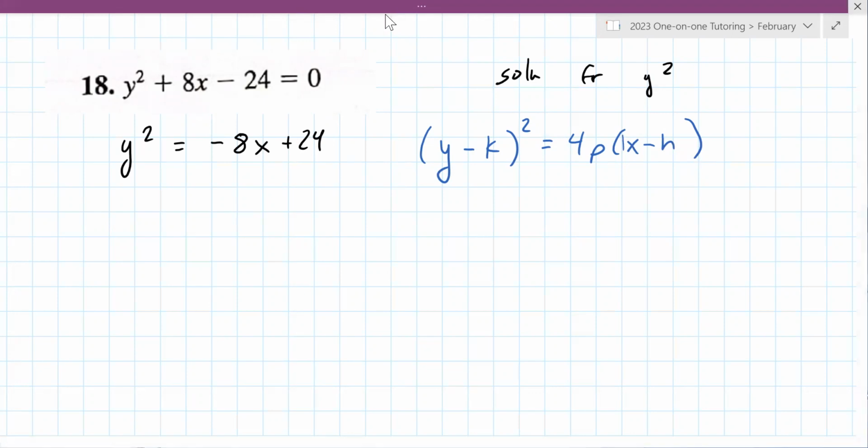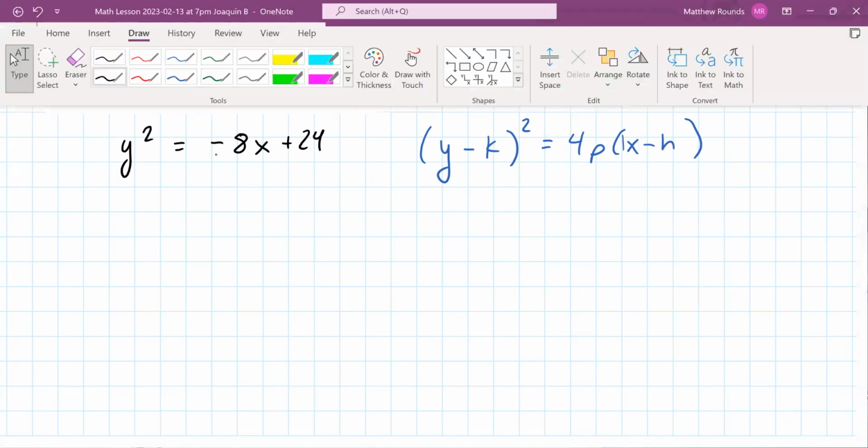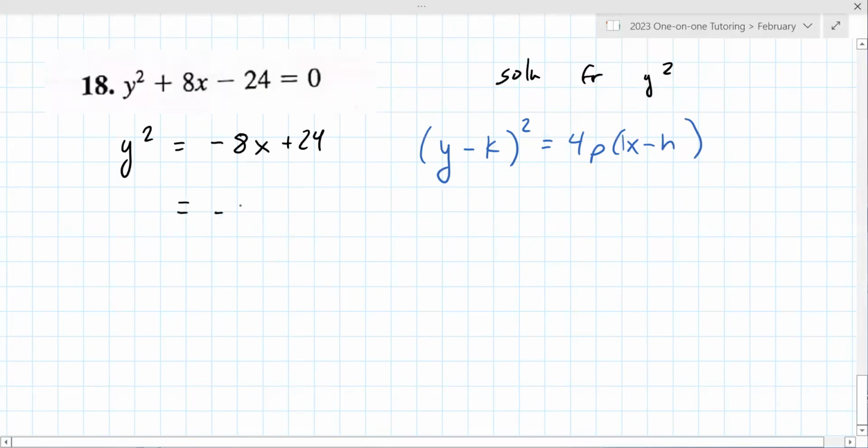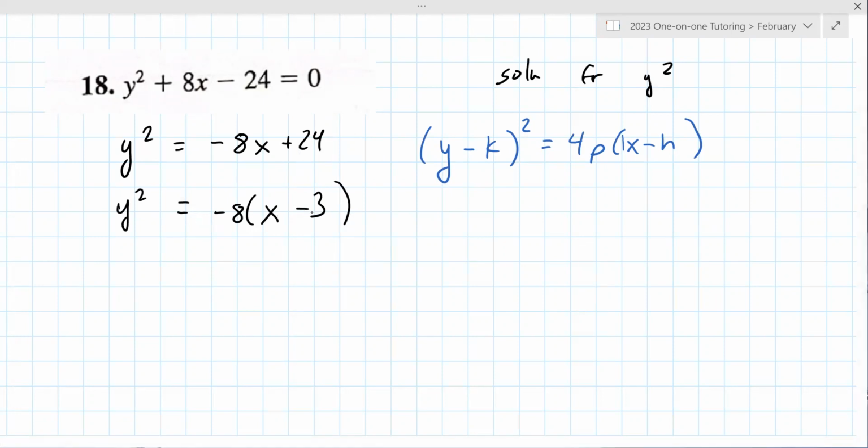So you have to factor the -8 out from the x. And so what goes in parentheses here such that when you multiply you get back to the previous line? -3. -3, yeah. Okay. Y squared equals -8 times x minus 3, just like that. And now you're really close.